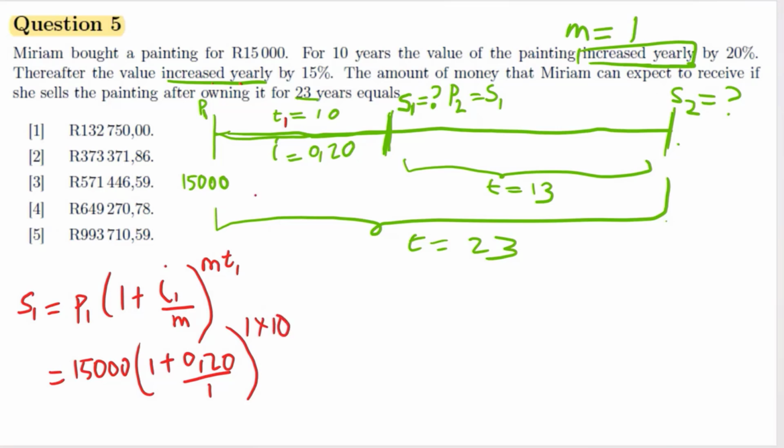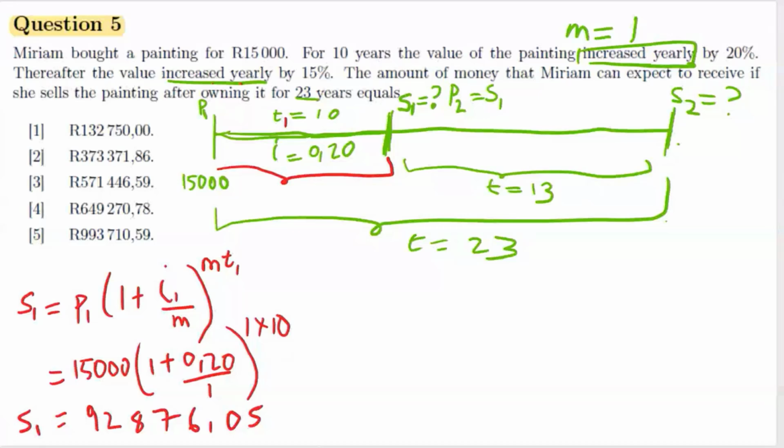I am still calculating for this part. So your S1 is going to be equal to 92876.05. So this is our S1.